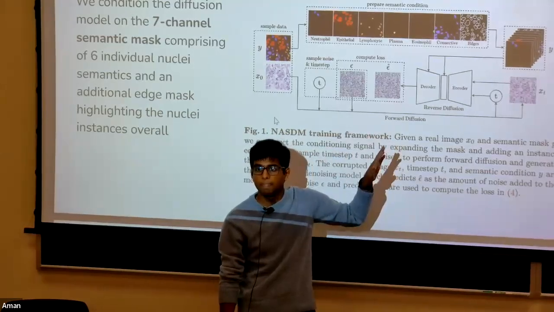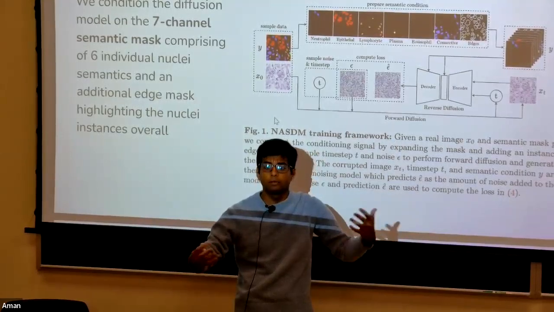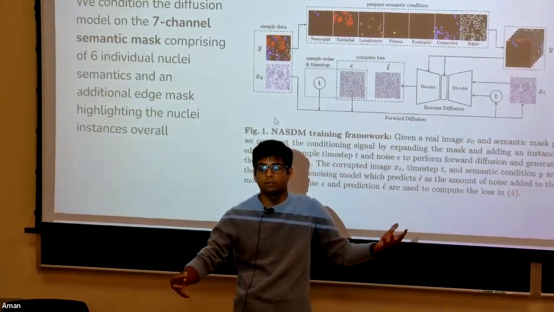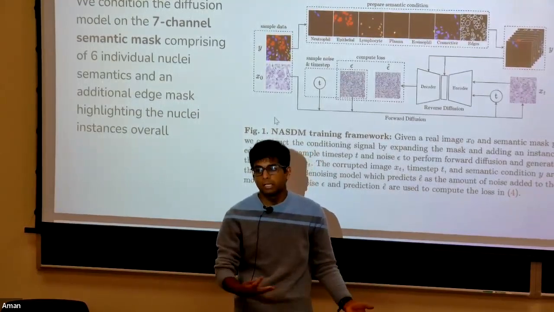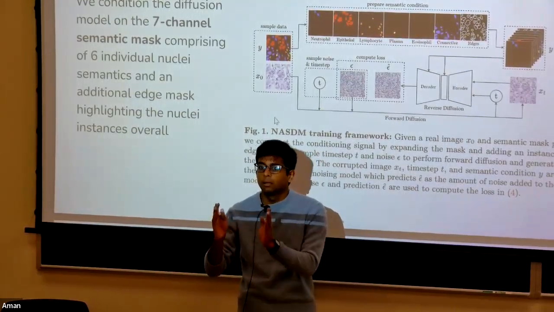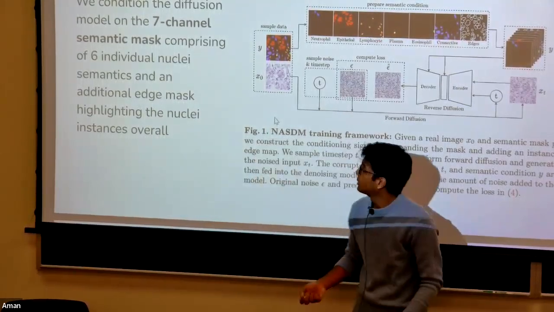That makes sense? So it's just putting together all the conditioning, all the diffusion model and the conditional diffusion model stuff that we have seen so far into solving a practical problem, which is generating synthetic nuclei patches given a conditioning signal, right? So this is how an architecture like this would work.